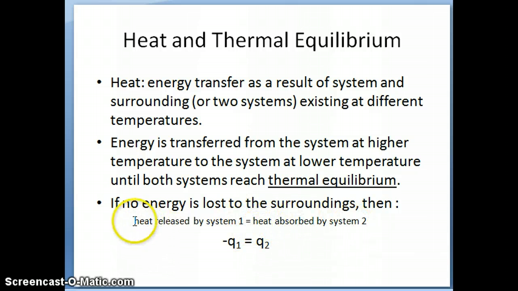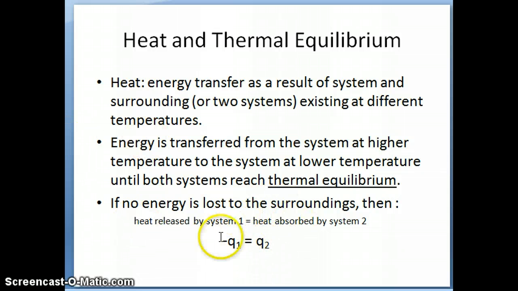Because the energy is in the form of heat, we would say heat released by system 1 must equal heat absorbed by system 2. And because release of heat or any energy is denoted by a negative sign, you would say negative Q1 has to equal positive Q2, which is the absorption.